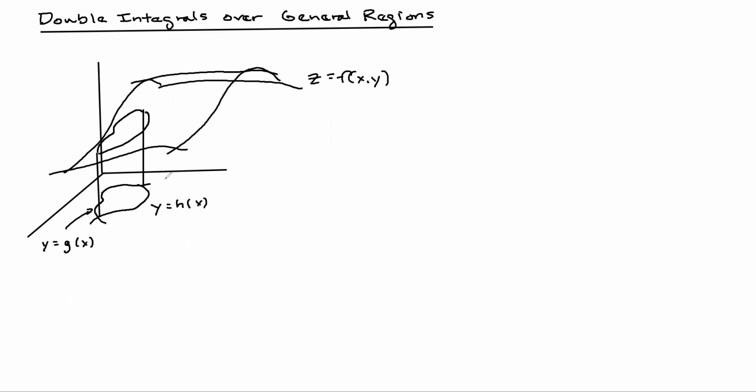In order to do that, we need to go back and do some review from a previous course. We want to recall how to find the area between curves. There were two types of area between curves problems.